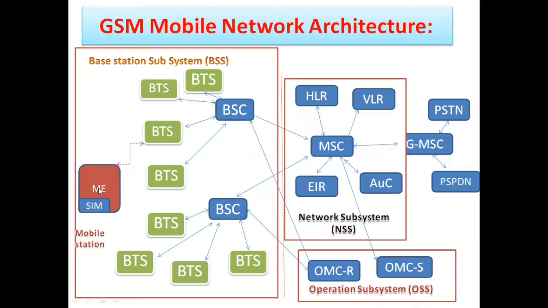This identity is available in the equipment identity register concerning that mobile station. This equipment identity register has three different databases: whitelist, gray list, and blacklist. An equipment will be in the blacklist when a stolen mobile equipment is tried to be accessed in this particular network.